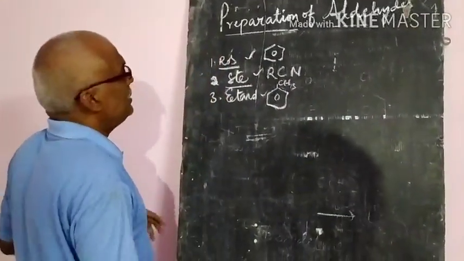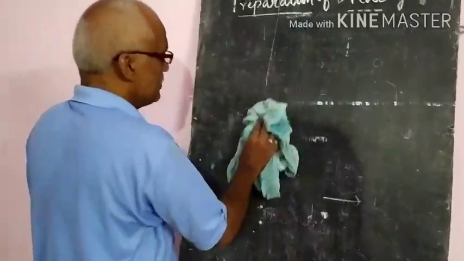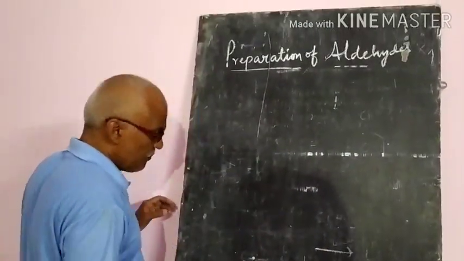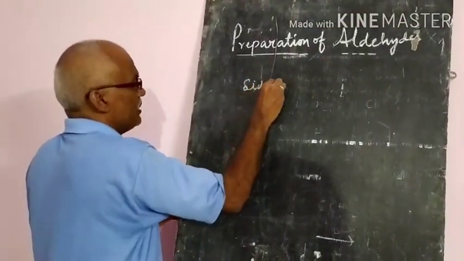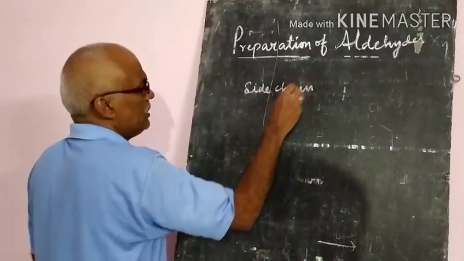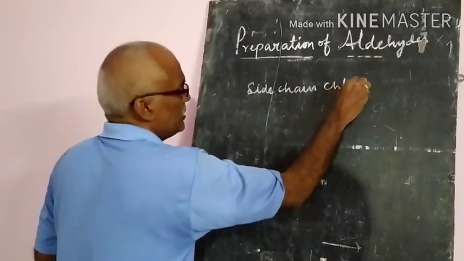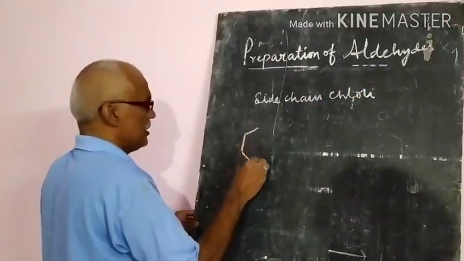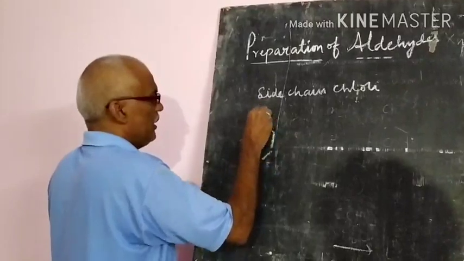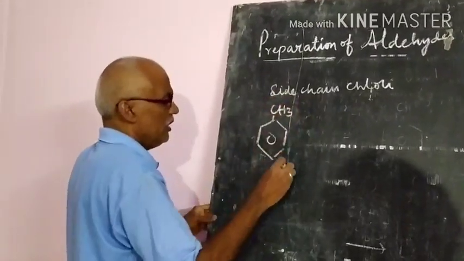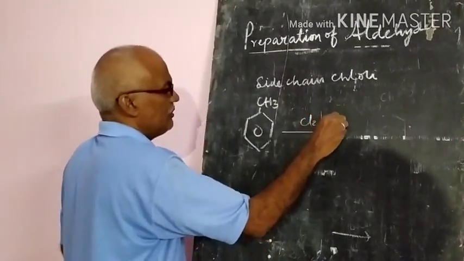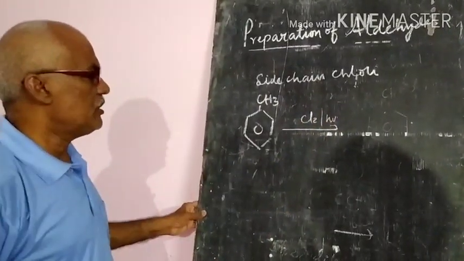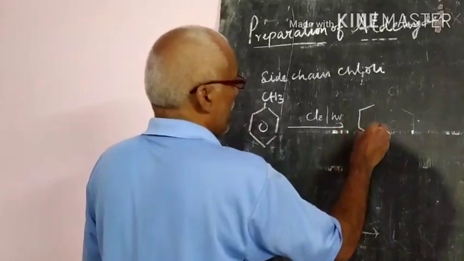Now let us see some more reactions to prepare the aldehydes. So now, side chain chlorination. What is the side chain chlorination? In toluene, if you treat with chlorine in ultraviolet light or heat, that is some energy, chlorination, what you will get?